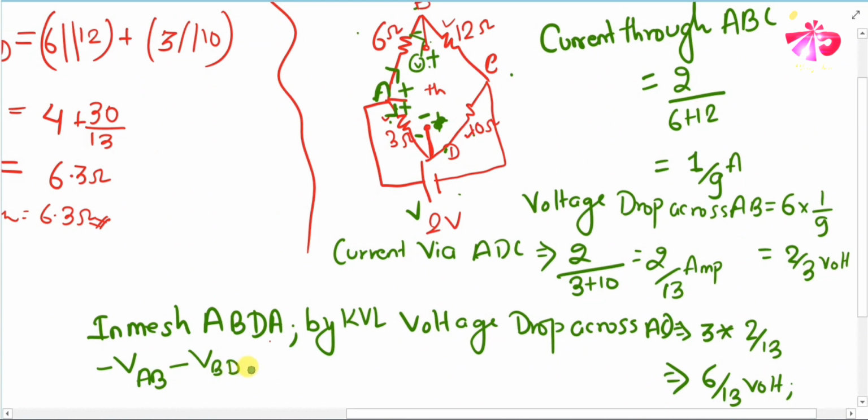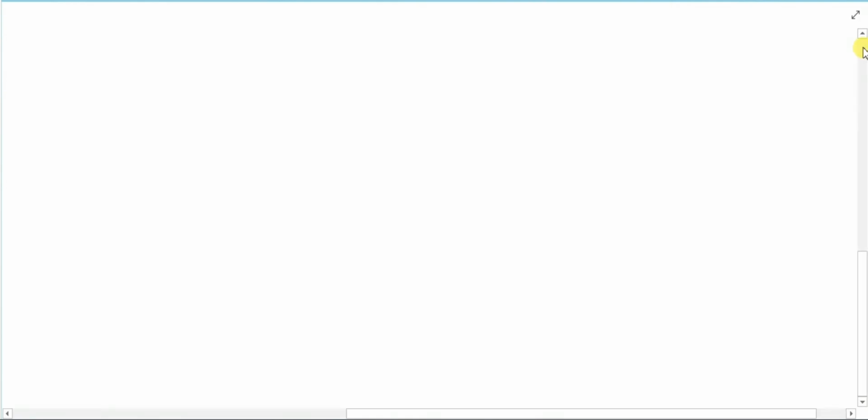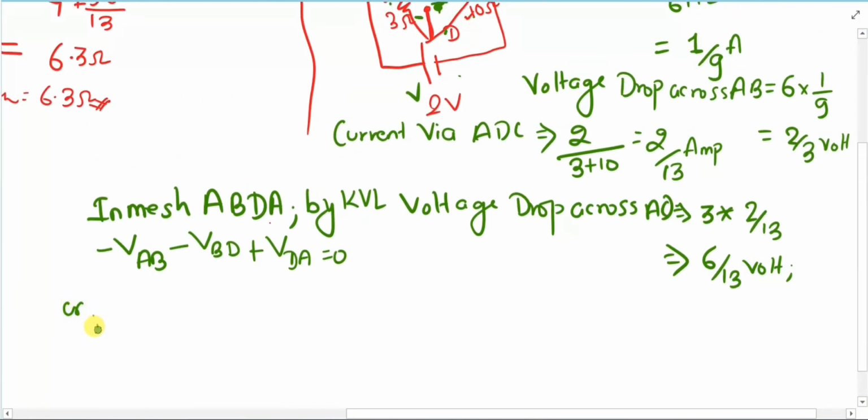Then again the current is from upper side to lower, but we have assumed otherwise, so that's why plus V_DA is equal to 0. After considering all of them, now let's substitute the value. If we put V_BD on the other side, we'll get V_DA minus V_AB.